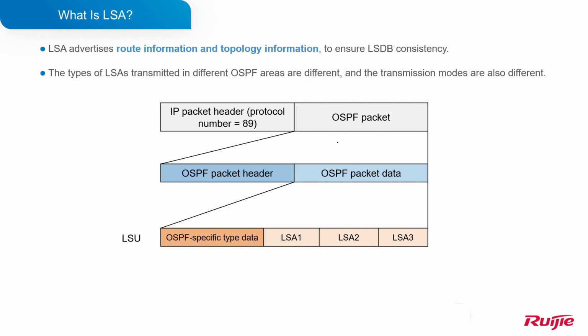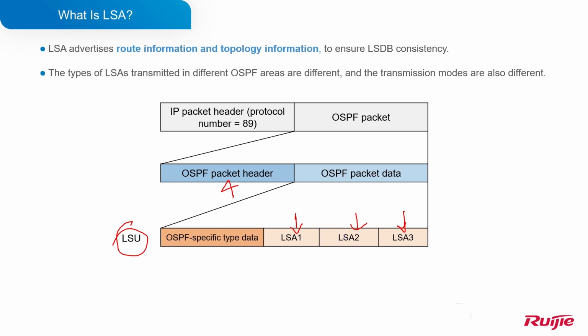If you want to see the detailed LSA information, the packet is the LSU. The type parameter in the OSPF packet header is 4, which means the LSU. In the OSPF packet data, we can see the OSPF specific type data, and it is followed by many LSAs in this encapsulation.